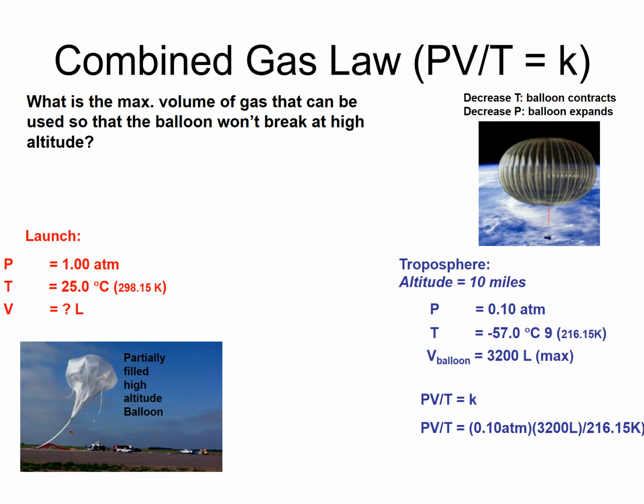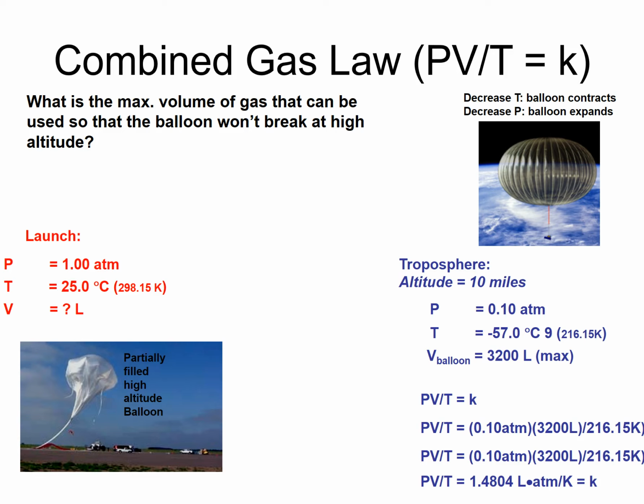We can substitute for pressure 0.1 atmospheres, for volume 3,200 liters, and for temperature, using the Kelvin temperature, 216.15 kelvins. And the PV divided by T constant that we get is 1.4804 liter atmospheres per Kelvin. And that would be the PV divided by T constant K, not to be confused with the Kelvin temperature.